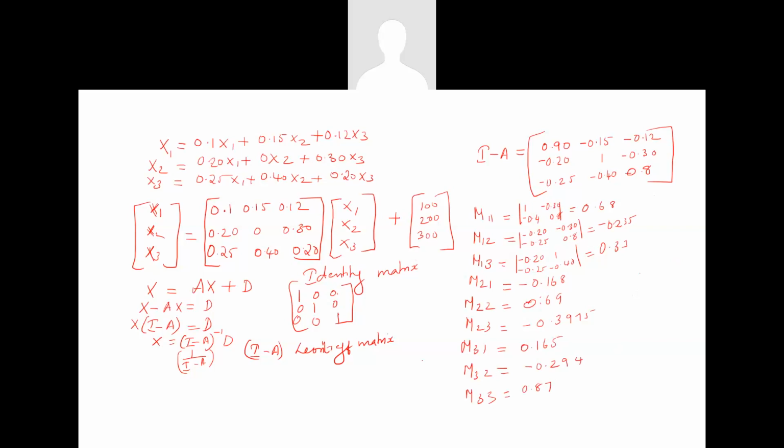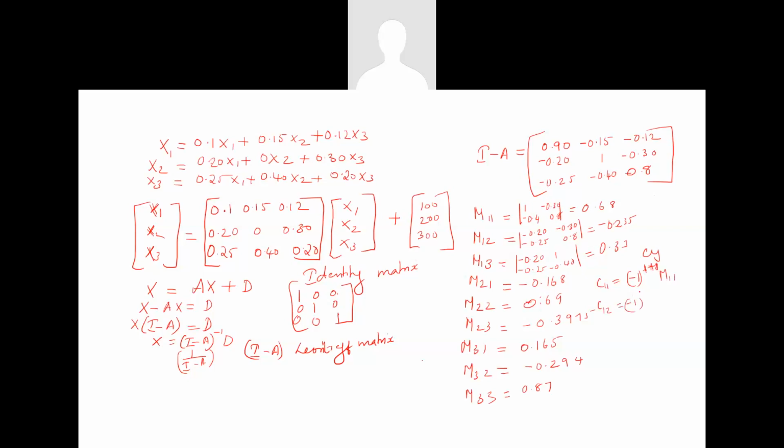So now we have found what the minor is. Now from the minor you can move to the cofactor matrix. Cij is actually the signed minor: minus 1 whole raised to i plus j into Mij. C11 is minus 1 raised to 1 plus 1 into M11.